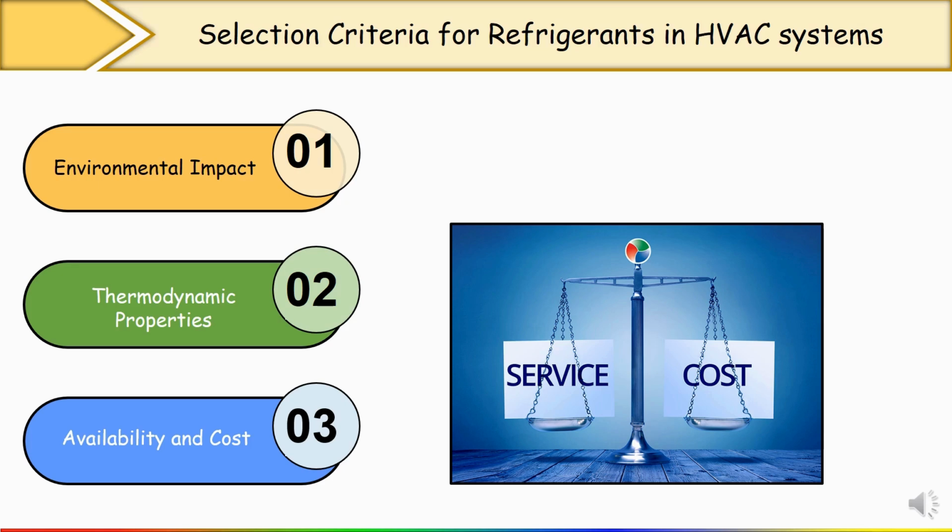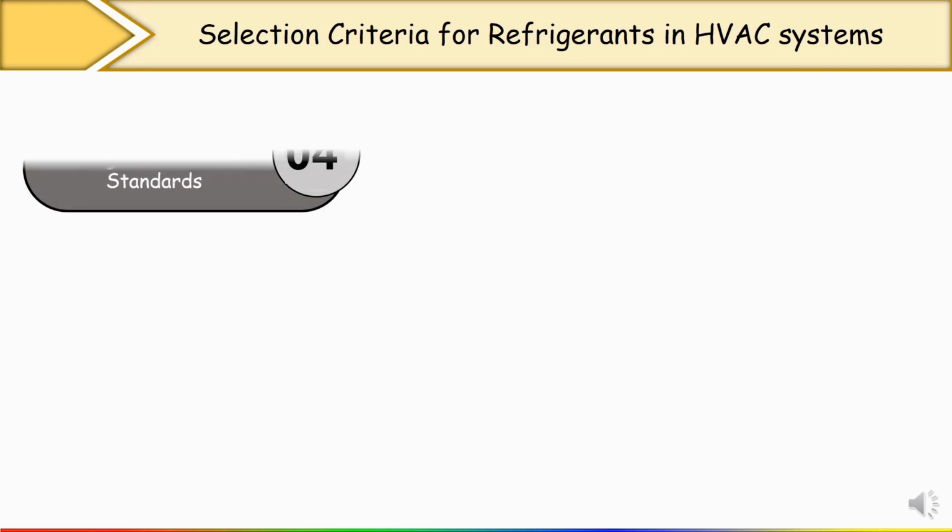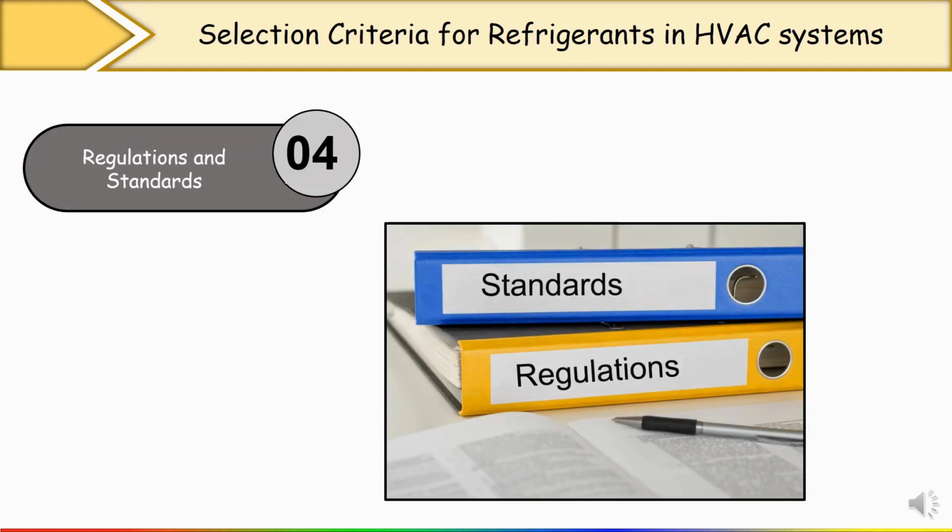So availability and cost is also an important factor. And the fourth one is regulations and standards. Follow industry standards and guidelines such as those provided by the American Society of Heating, Refrigeration and Air Conditioning Engineers, in short ASHRAE, for selecting refrigerant.